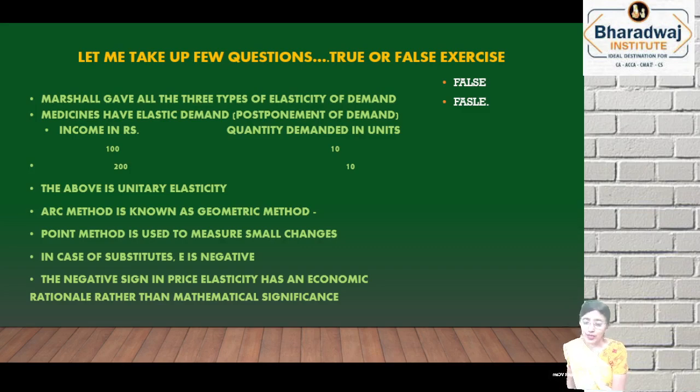Okay. Third one. Expected question. We have seen different types of income elasticity of demand. Now you say what type. The above is unitary elasticity. Correct? True? False.